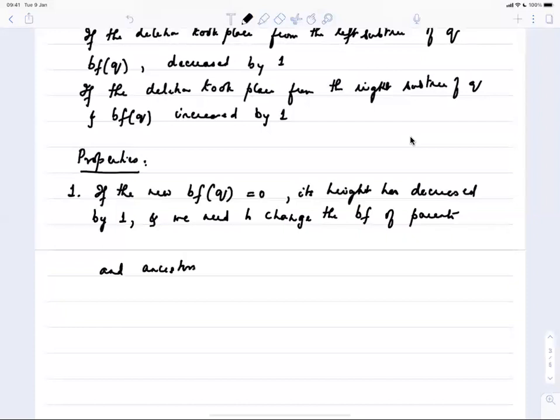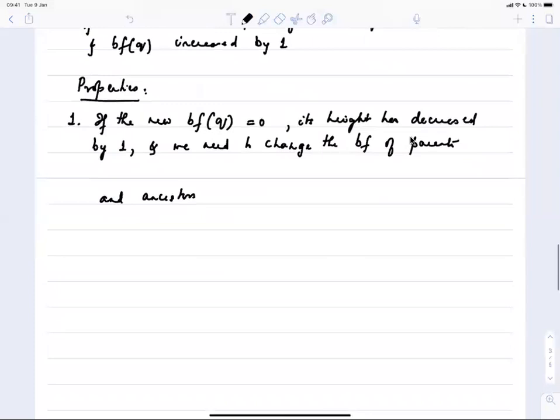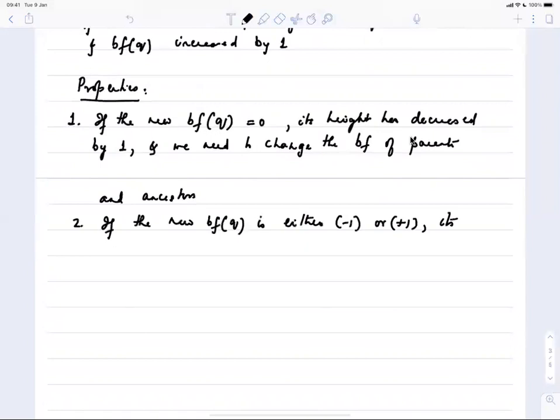Okay. If the new BF of Q is either -1 or +1, its height is the same as before, and nothing needs to be changed.